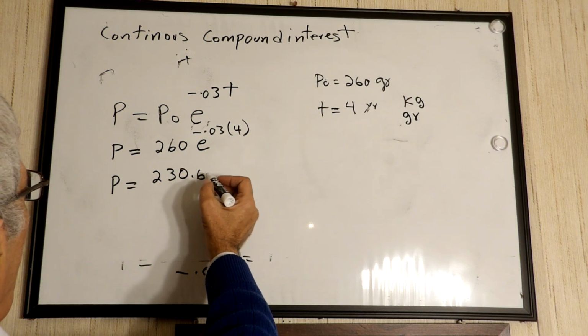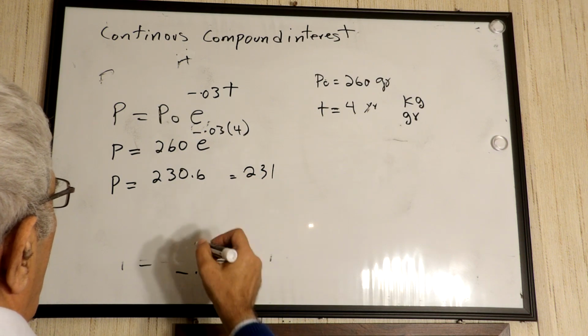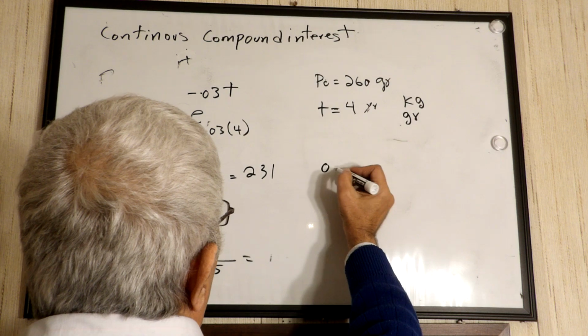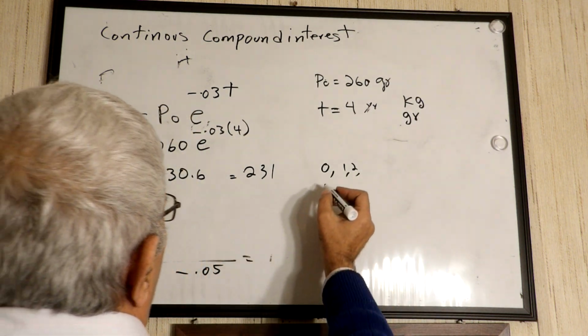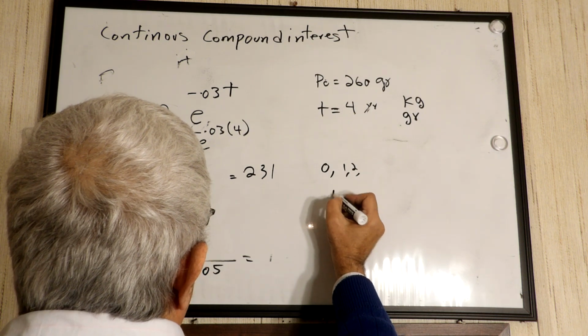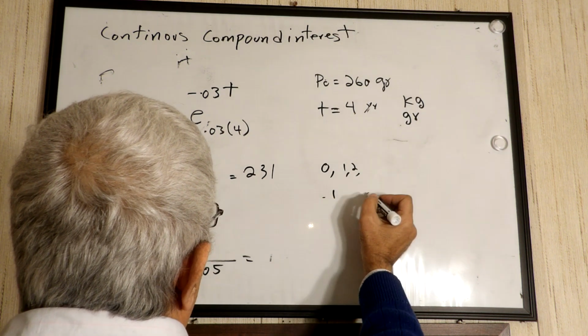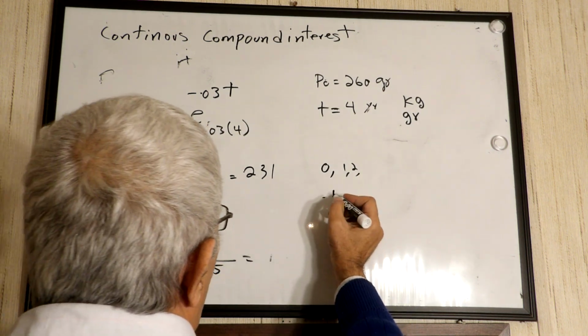If they want to round it to a whole number, you just say 231. Talk about whole numbers: they start from 0, 1, 2, 3, 4, 5, whatever. And integers start from minus 1 to minus infinity.